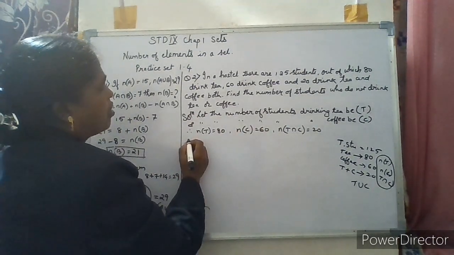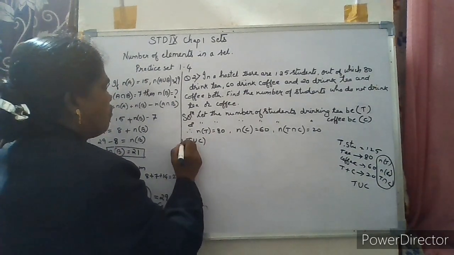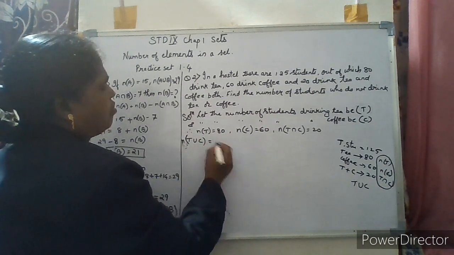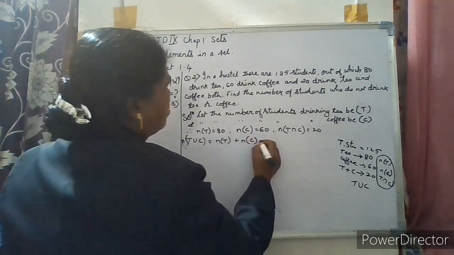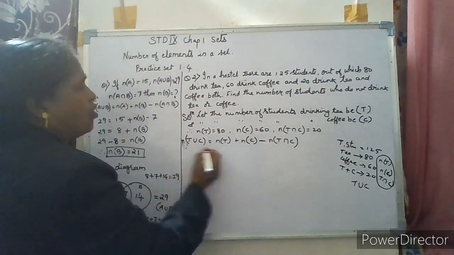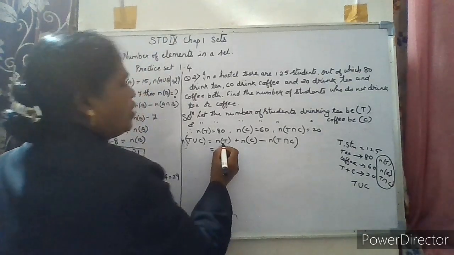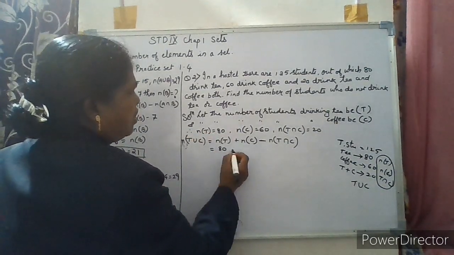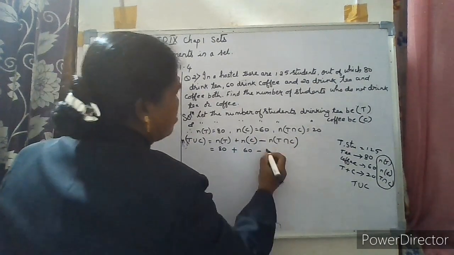Now apply the formula. According to the formula, the number of elements of T union C is equal to the number of elements of T plus the number of elements of C minus the number of elements of T intersection C. Now, we don't know T union C, but we know T is 80, plus C is 60, minus intersection 20.